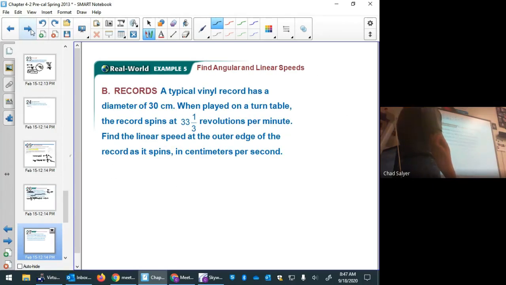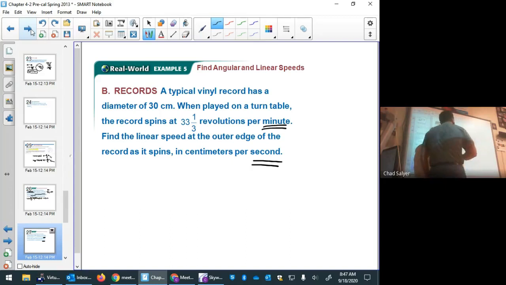Okay, so same scenario. What is the linear speed in centimeters per second? So we've got some unit conversions to make here. And this is the reason why it's so often missed on the test, because there's a unit conversion that people don't notice. So we've got this speed in minutes, and they want the answer in seconds.